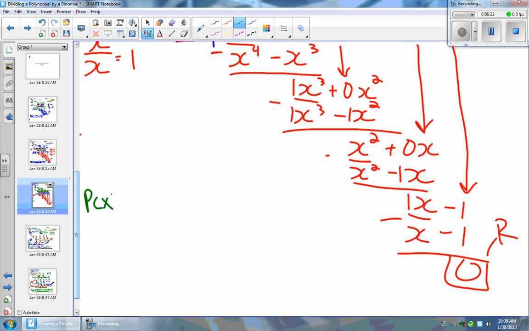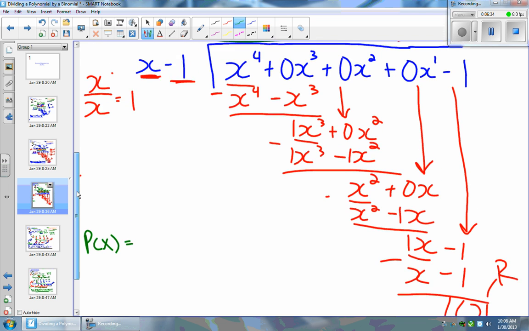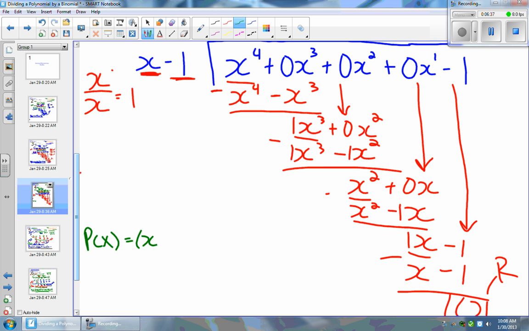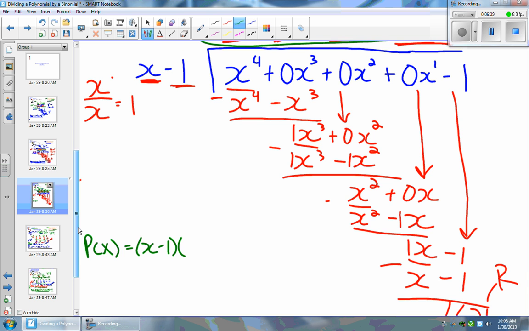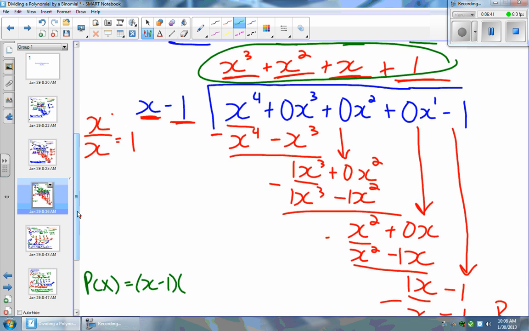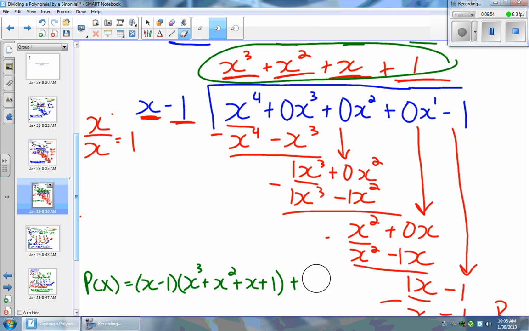P of x is equal to my divisor, which is x minus 1, times our quotient, which is right on top of the division bar, x cubed plus x squared plus x plus 1, and we're going to add the remainder, but our remainder in this case was 0, so it looks silly to add 0. We can actually get rid of that. So this is our division statement, and that's how you divide using long division, which involves a 0 as a placeholder.